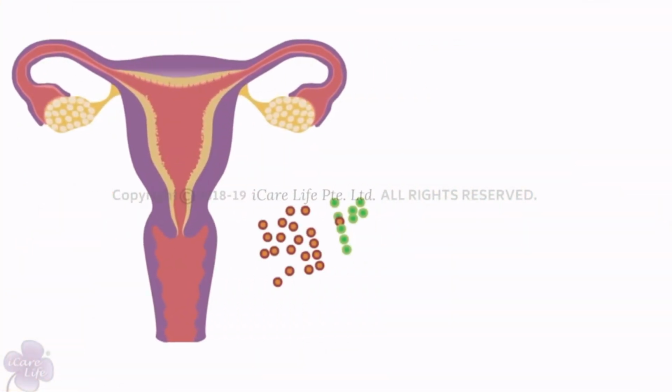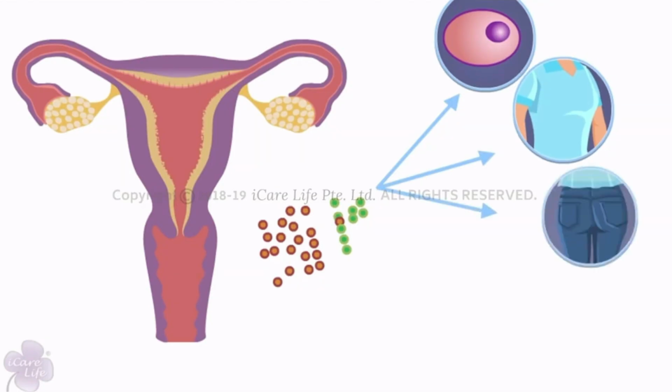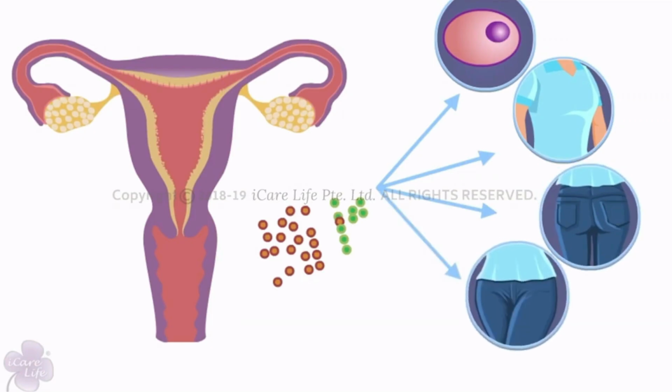Another function of this system is to facilitate the secretion of the female hormones that control the reproductive cycle, or the process of producing ovum. These hormones are also responsible for female characteristics such as enlargement of breasts, widening of hips, and fat on thighs.